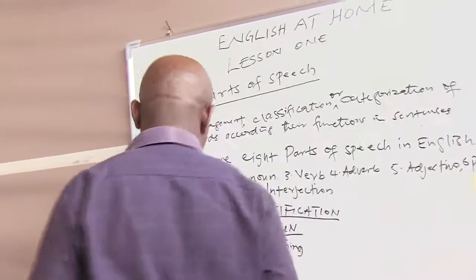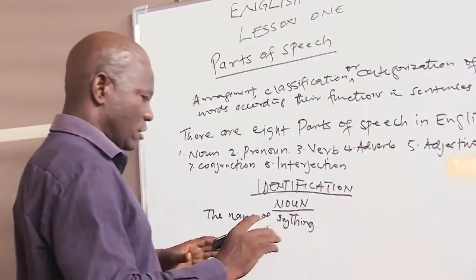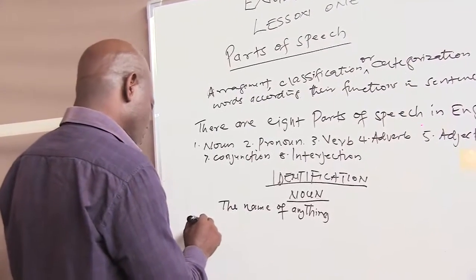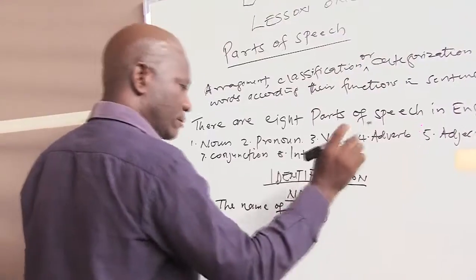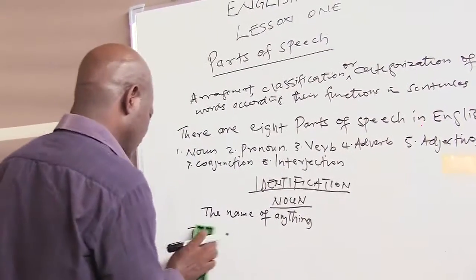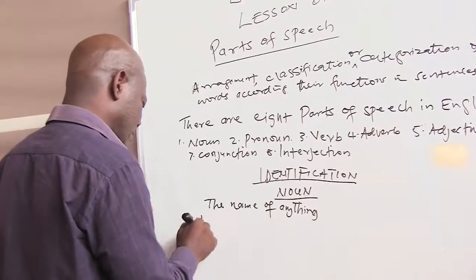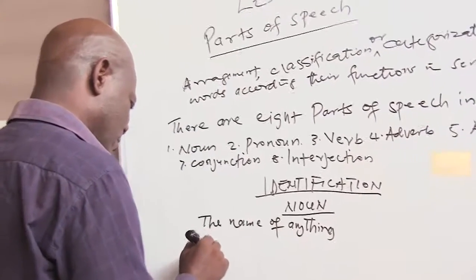For the sake of clarity, we are going to give a complete definition of the noun. So we say a noun is the name of anything. Sorry, please.